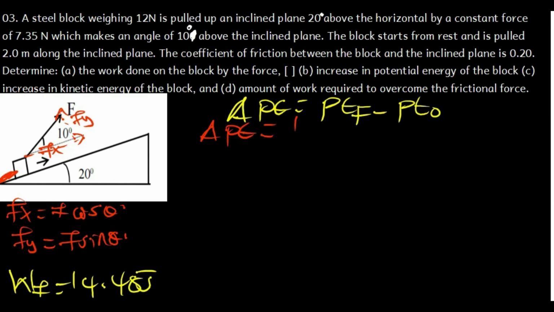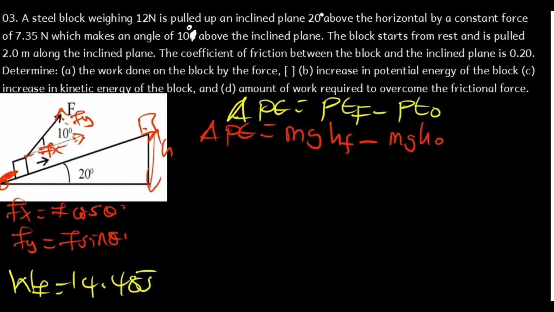The potential energy is mgh. In that case we're going to have mgh final. That final is the one which is going to be increased all the way up to this point, which is going to be this h. Then minus the mgh initial.